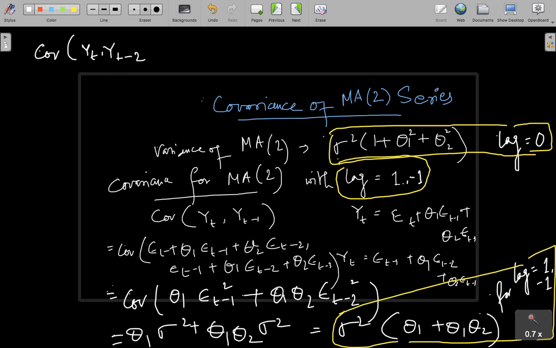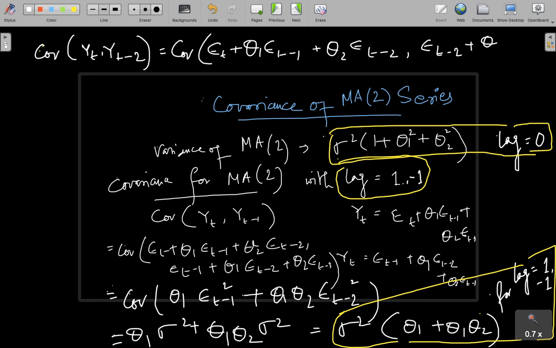Following exactly the same manner, we substitute the values of yt and yt minus 2. yt is epsilon t plus theta 1 epsilon t minus 1 plus theta 2 epsilon t minus 2, and yt minus 2 is epsilon t minus 2 plus theta 1 epsilon t minus 3 plus theta 2 epsilon t minus 4, right? So these are the values we got.